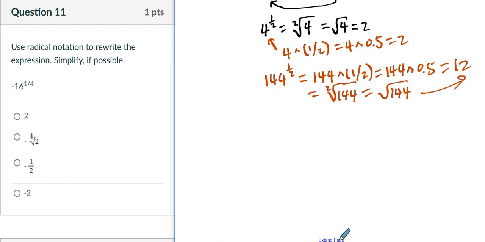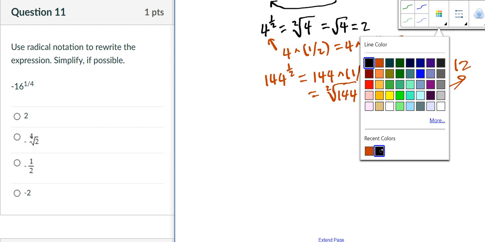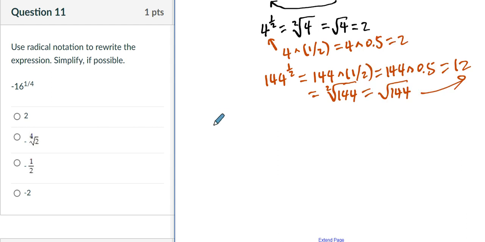Question 11, got to use the black marker. And we can see negative, and then 16 to the 1/4.